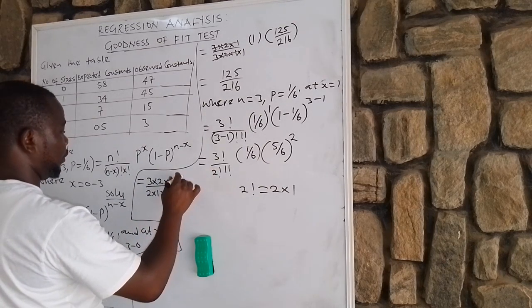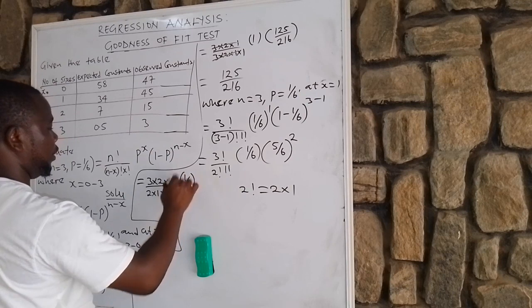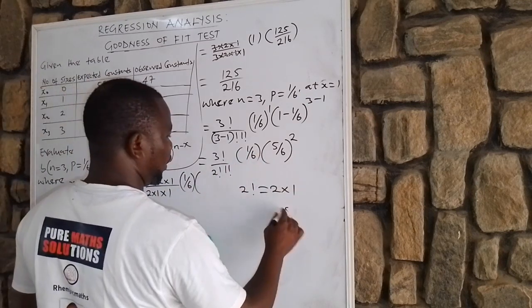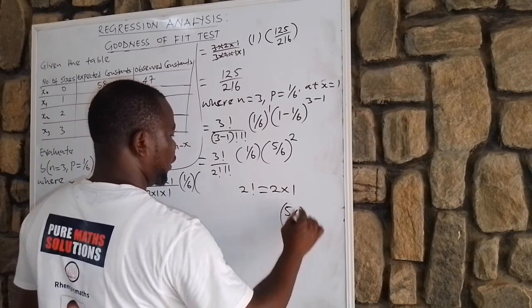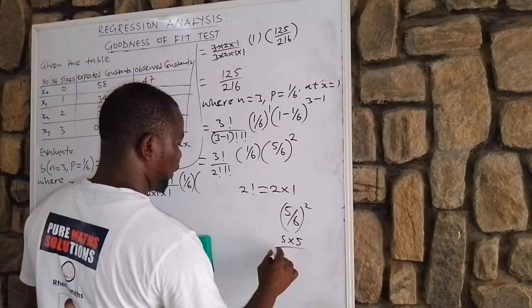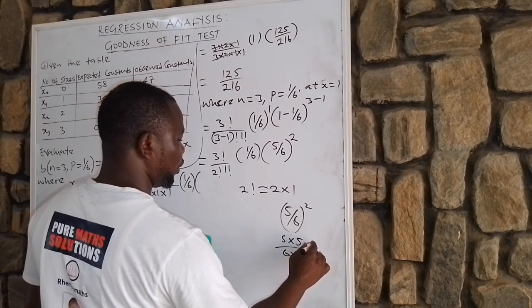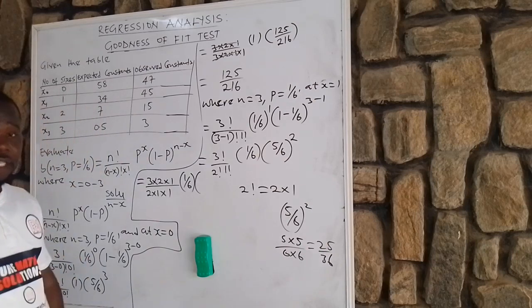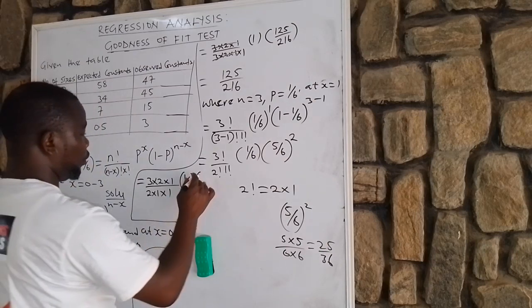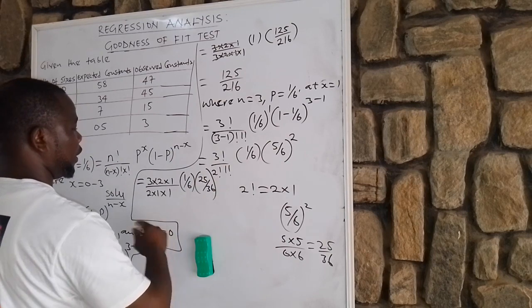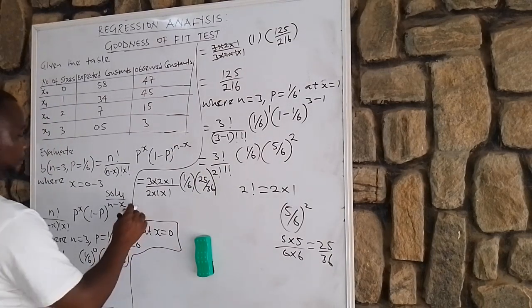Then here is 1 all over 6, times what we have, 5 all over 6 raised to the power of 2. This is the same as 5 times 5 all over 6 times 6. This is equal to 25 all over 36. Do you agree with me? Okay, so here will be 25 all over 36. So far so good.